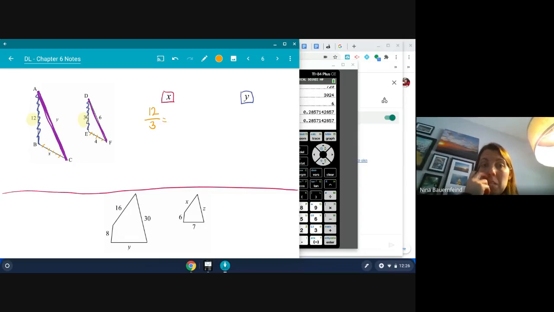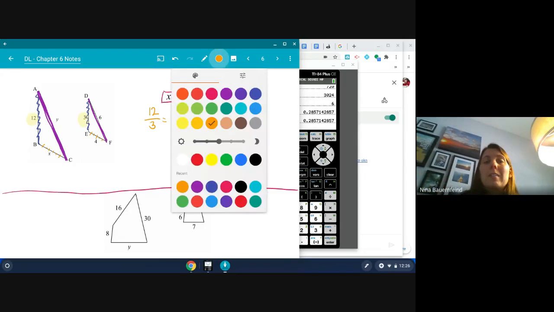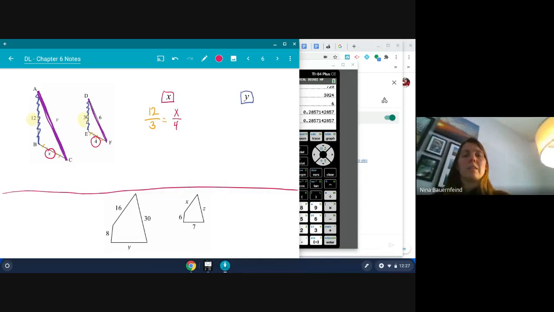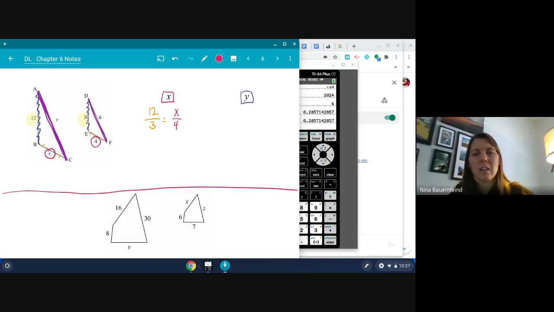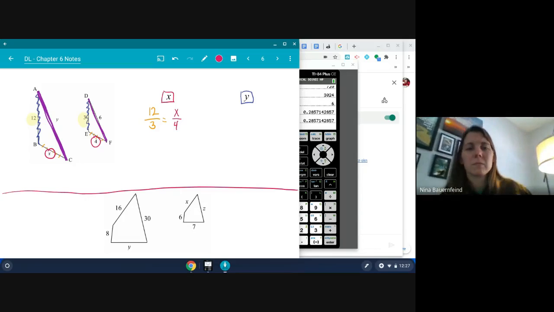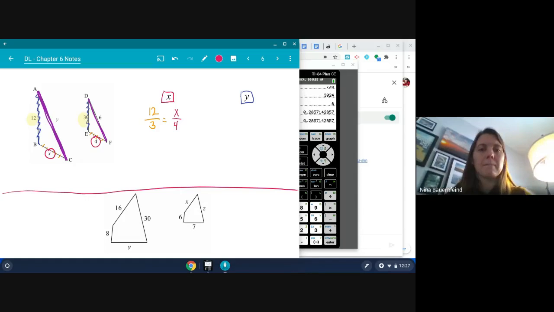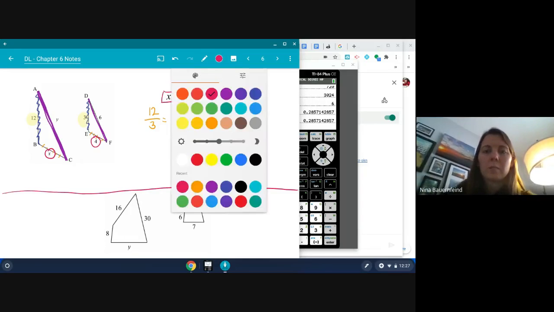And that's going to be equal to, if we're looking for X, that corresponds to 4. So we would do X over 4. So I'm going to pause right there. Do you guys understand where that stuff came from? Yeah. Great. So then we're going to cross multiply.